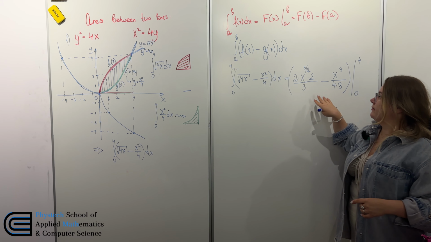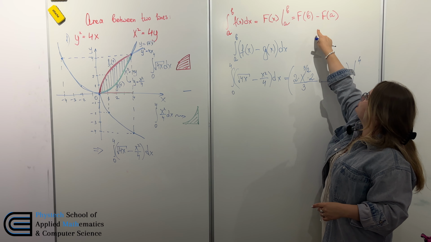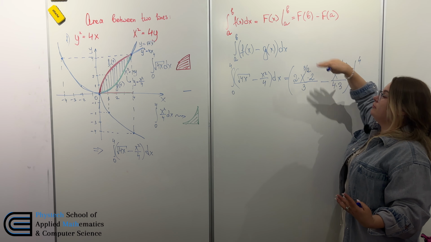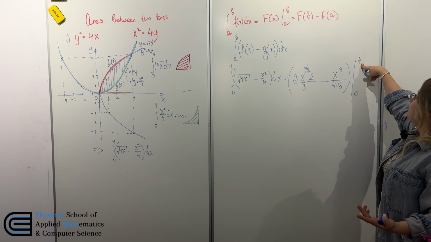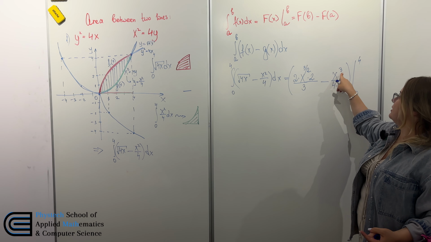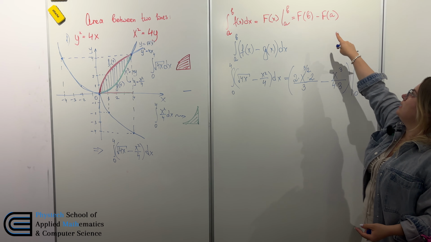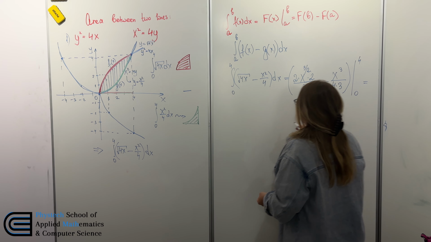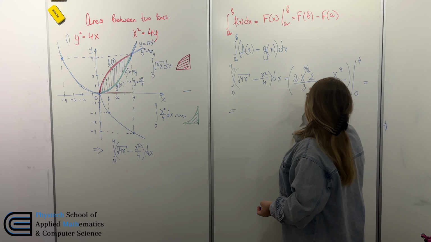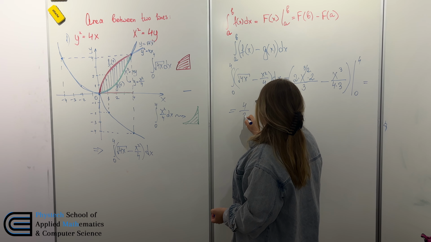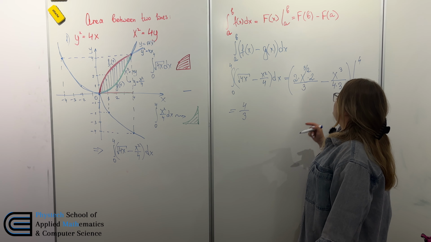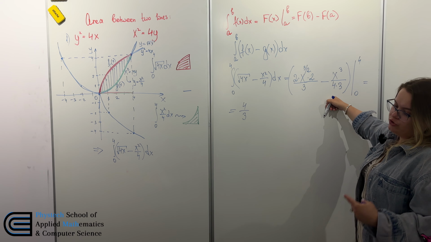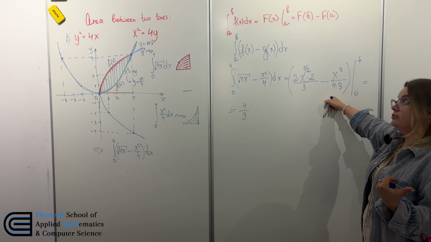Now we should use this formula. So first of all, we need to take 4 and put it here and here, then we need to write minus and do the same with 0. So let's do it. Let's see. 2 and 2 gives us 4, here will be 3, and here will be 4 to the power 3 divided by 2.